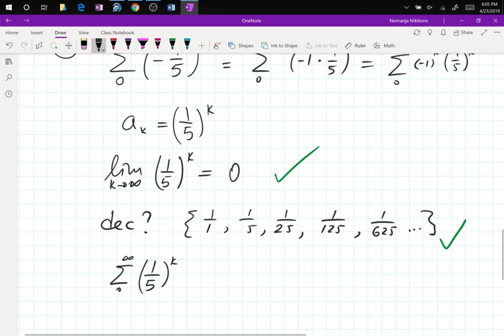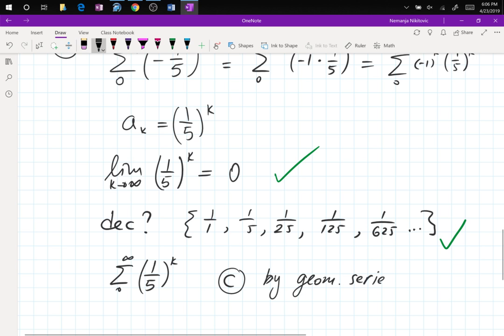What's happening with this? Converge or diverge, and by which test? Converge by geometric series.